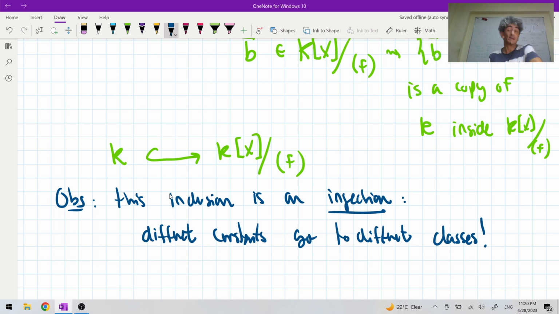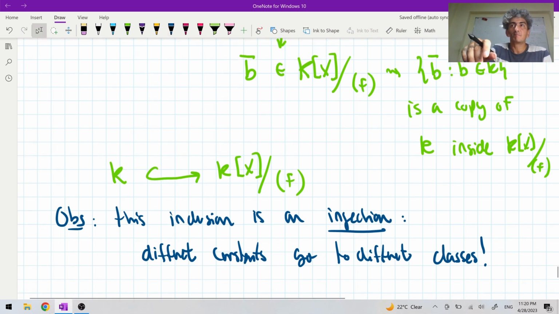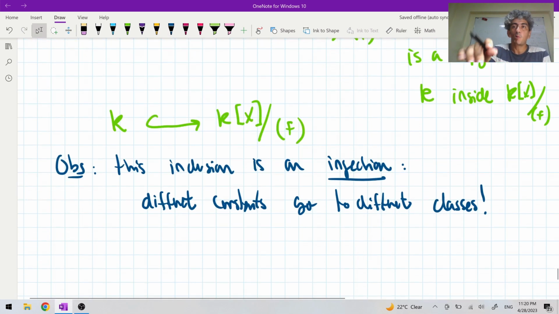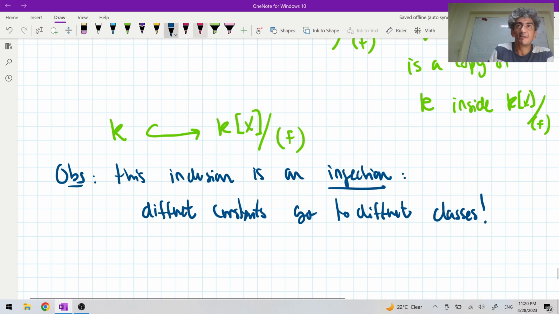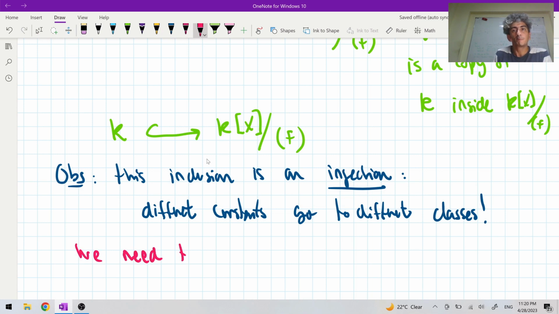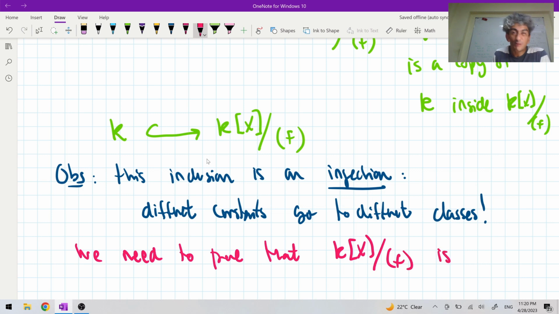Okay, so that's the first thing. But this quotient ring contains K, and we need to prove that it's actually a field. We need to prove that this quotient ring is really a field.